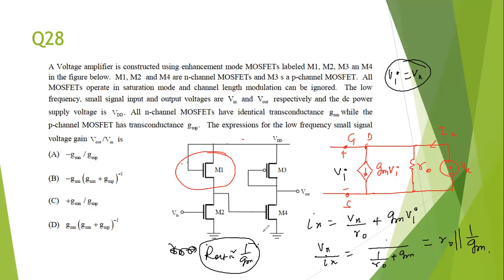Now, for the PMOS we also consider the same output. For M2 and M4, what will happen? Basically, the output impedance is 1 upon GMP, you can see.